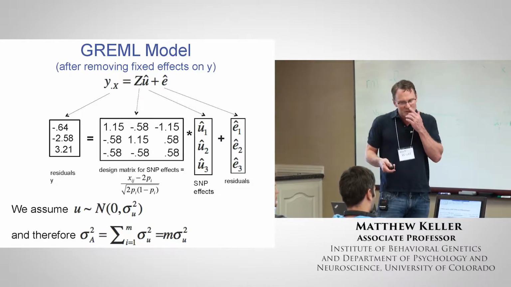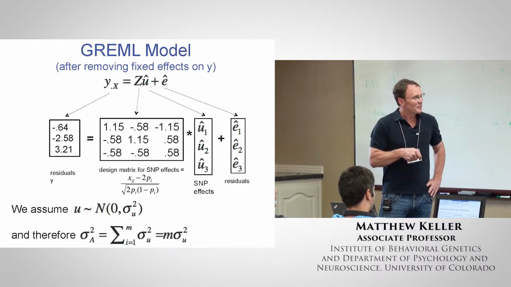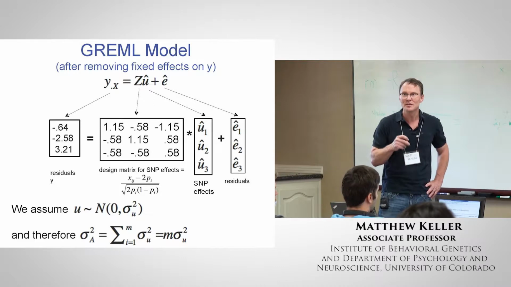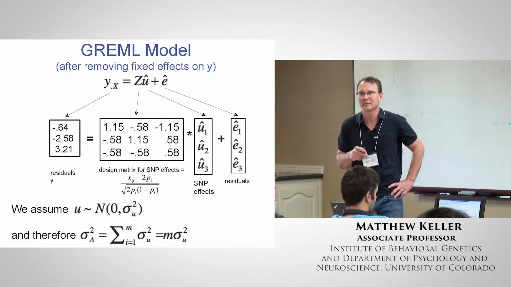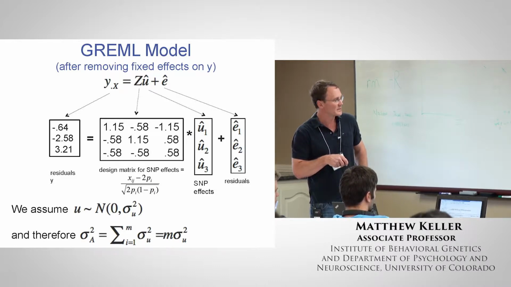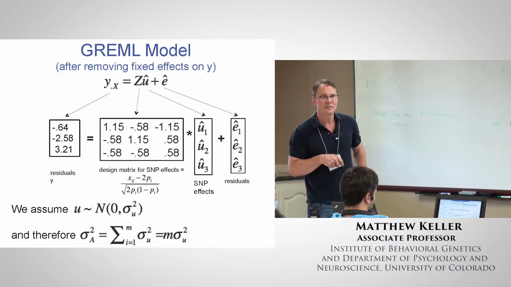So we assume that those U's are normally distributed with mean 0 and variance equal to sigma squared U. So these are the genetic effects at each individual SNP. We're assuming that all SNPs have an effect. And therefore the entire additive genetic variance is going to be equal to the sum of all those sigma squared U's.